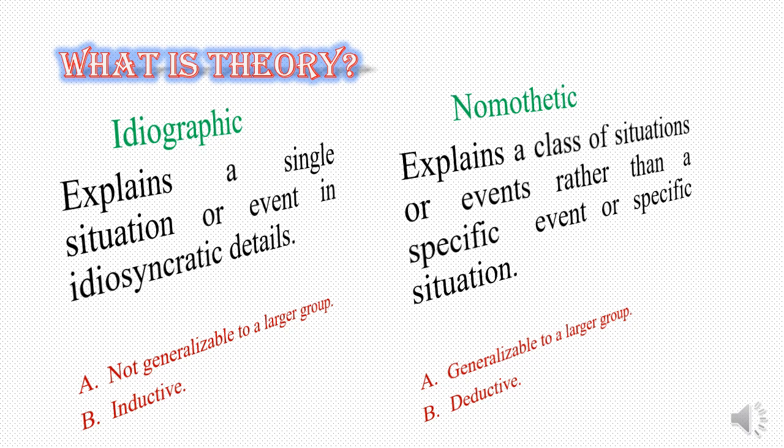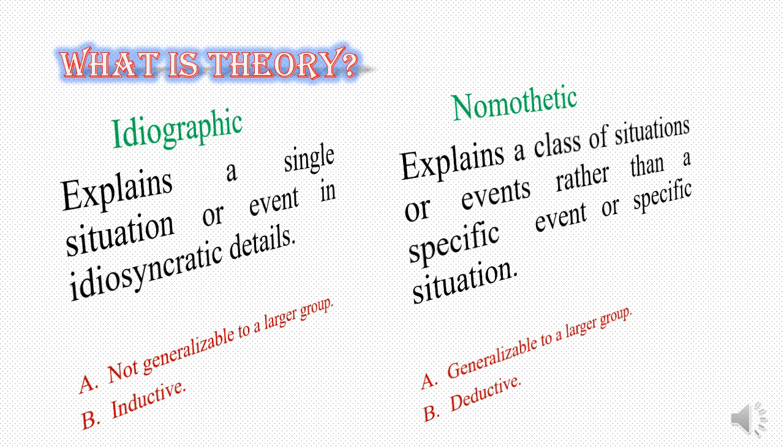The very first one is ideographic, and the second one is nomothetic. When you explain a single situation or an event in idiosyncratic details, minutely keeping in view the differences, the theory is called as ideographic.